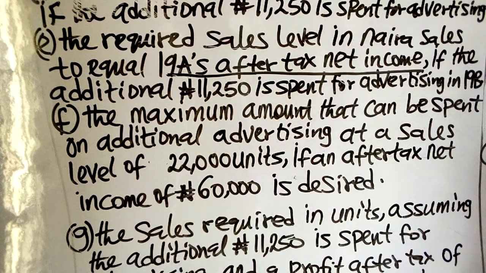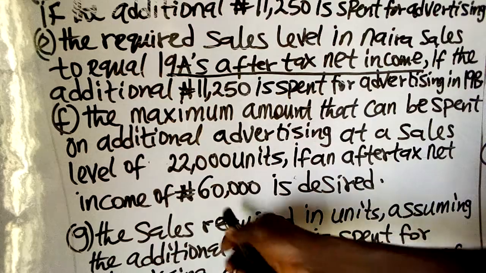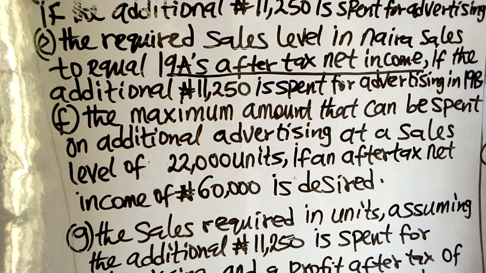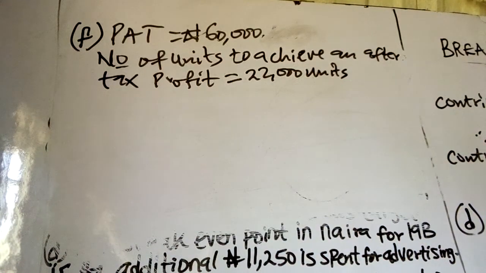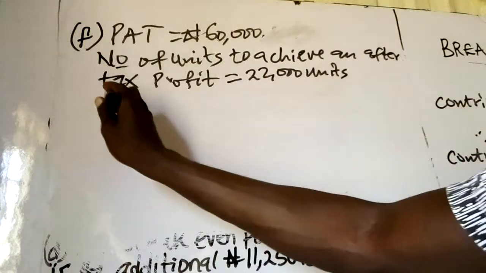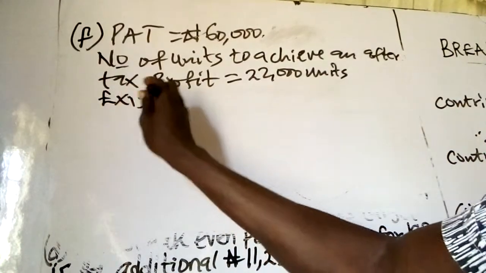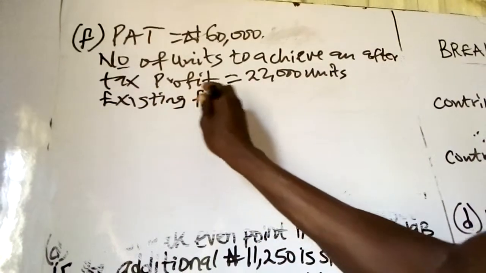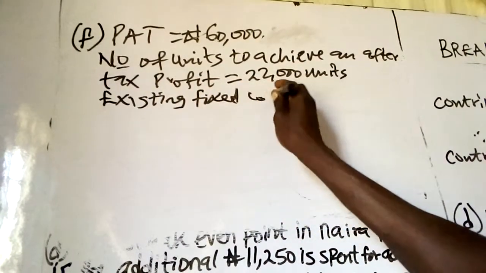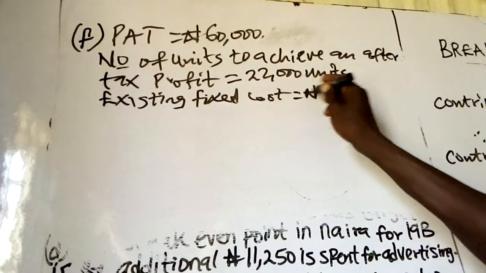F. The maximum amount that can be spent on additional advertising. Remember, advertising expenses is a fixed cost. Your profit target is 60,000, and that is your desired profit. So you want to calculate the additional amount that will be spent on advertising. Your existing fixed cost is 135,000 naira.